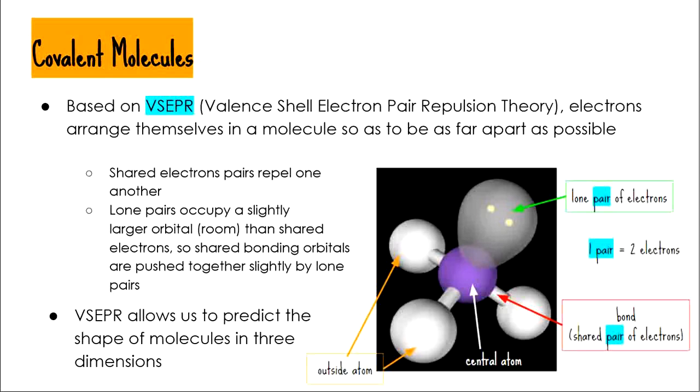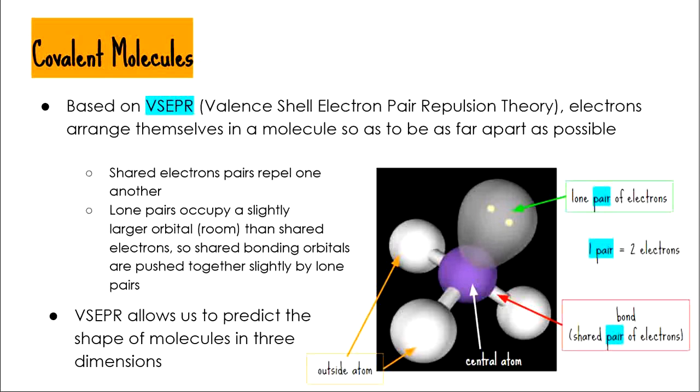Now a lone pair of electrons repels or takes up more room than a shared electron pair. Now remember, when I say pair, it means two electrons, right? Two electrons in one pair. So when we talk about a shared pair of electrons, we're really talking about a bond. So how many electrons are in a bond? Two electrons are in a bond.